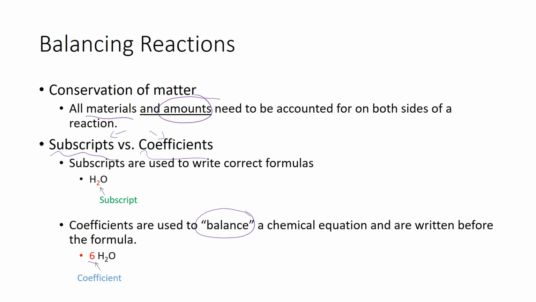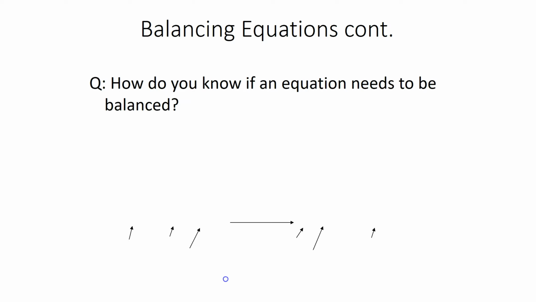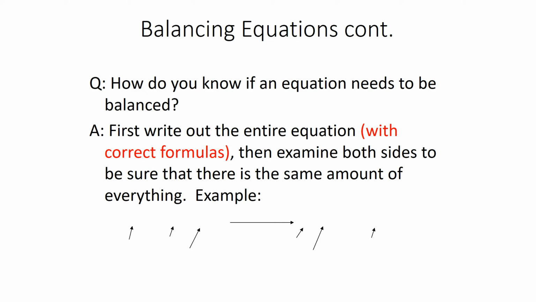So let's talk about what balancing an equation actually looks like in practice. How do you know if an equation needs to be balanced? That's an important question. What would you look for? If I have you write out a chemical reaction, the first thing you're going to do is write out the entire equation with correct formulas, correct formulas, correct formulas.